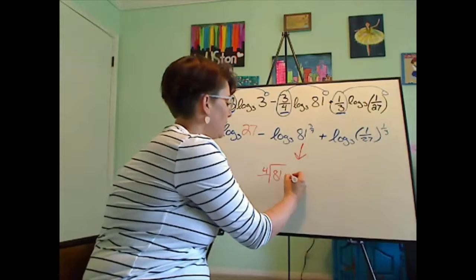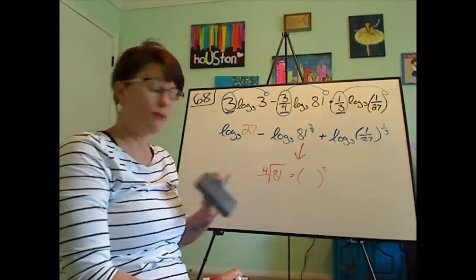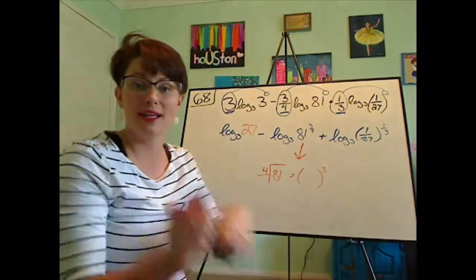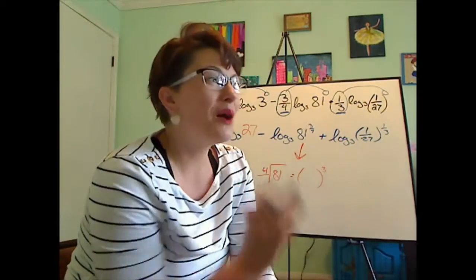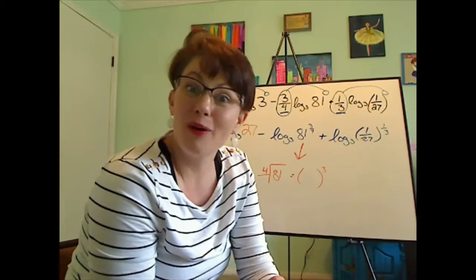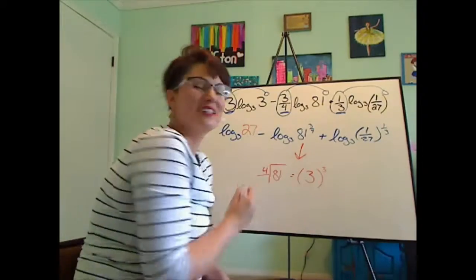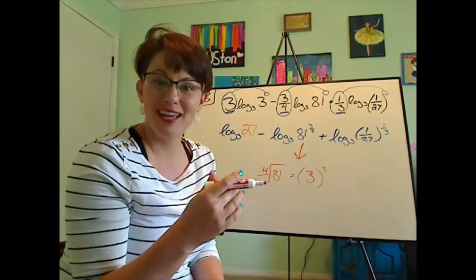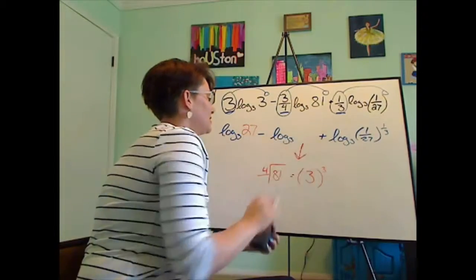And then after I get that, then I can raise it to the third power. So the fourth root of 81 is, you guessed it, 3. This problem today has been brought to you by the number 3. And then we raise 3 to the third, and that makes 27. So 81 to the 3/4, I'm simplifying into 27.